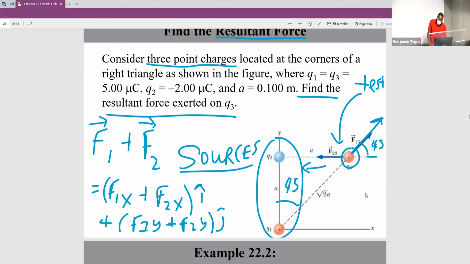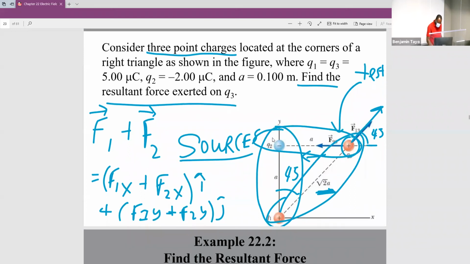Remember that if we want to calculate force, we need to know distance. So I need to know the distance between Q1 and Q3, which is this value, and the distance between Q2 and Q3, which is that value. So let's go ahead to the next slide.